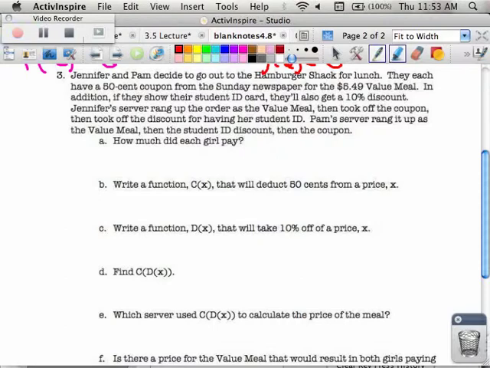So, let's talk about them separately here. First of all, there's Jennifer. And Jennifer's server rang up the value meal, then took off the coupon. And Pam did the value meal and then the coupon.